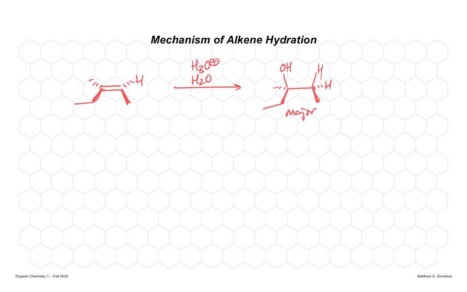So in terms of our mechanism, again, now we have two different sp2 hybridized carbons of the alkene. We're starting with an acid, hydronium. So the pi bond has to supply electrons, and it can do that two ways.